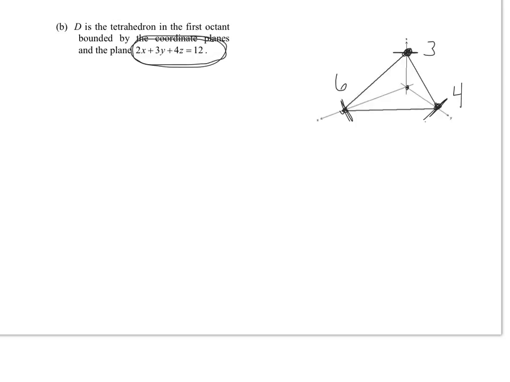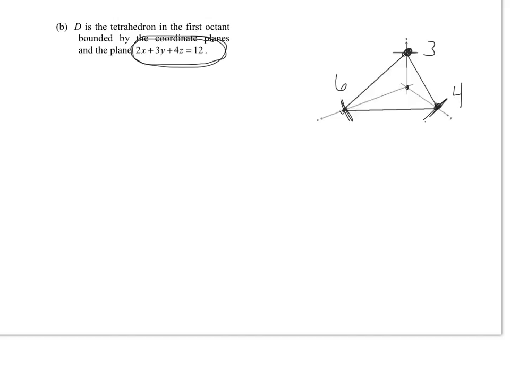So if we use that plane and the 3 coordinate planes as our bounding surfaces, we have this 3-dimensional solid known as a tetrahedron that could also be referred to as a triangular pyramid. Now in this case, it really is 6 of one, half a dozen of the other. The order of integration can be determined more or less arbitrarily.